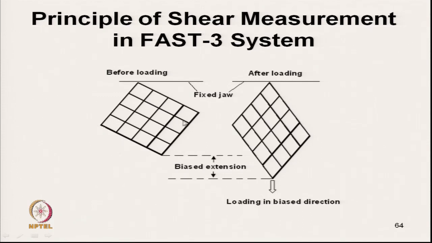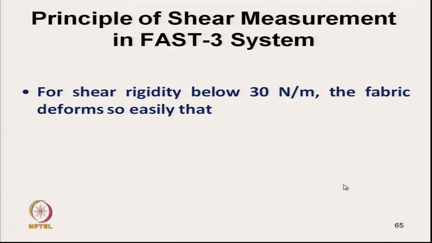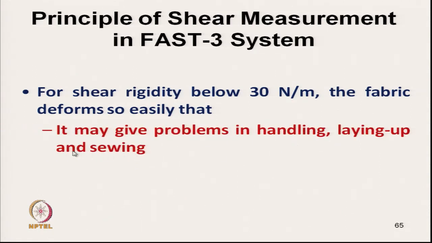This one is in the biased direction, it is neither the warp direction nor the weft direction, and after applying a certain load, we can calculate the biased extension. If the shear rigidity is below 30 Newton per meter, the fabric deforms so easily that it creates problems in handling, laying up, cutting operation, and sewing operation.